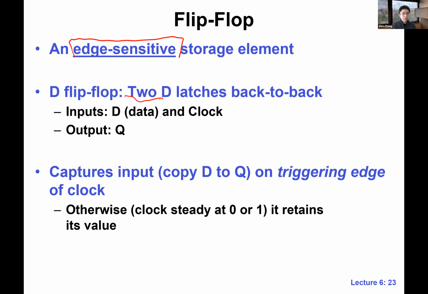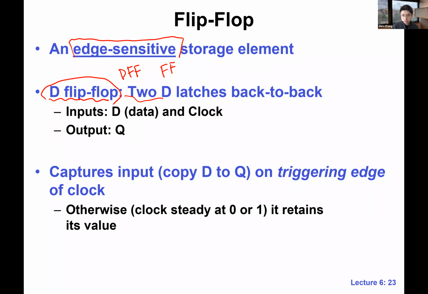I'm going to talk about what exactly edge sensitive means. Unlike the D latch, which captures things when the clock is high, for the D flip-flop, we will just say D flip-flop. In most cases, the shorthand is just DFF or FF.